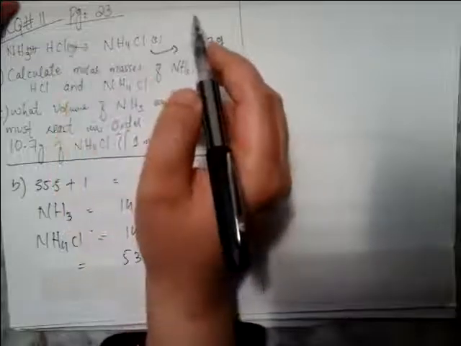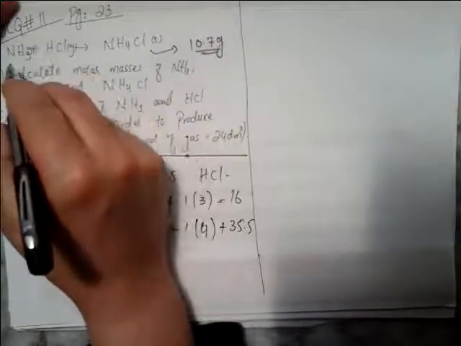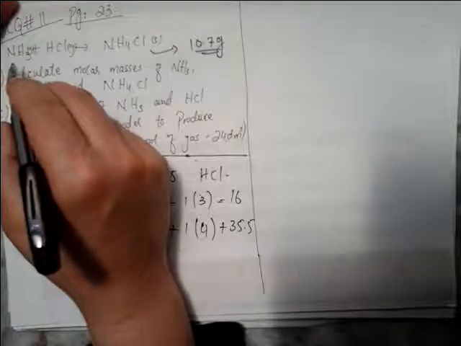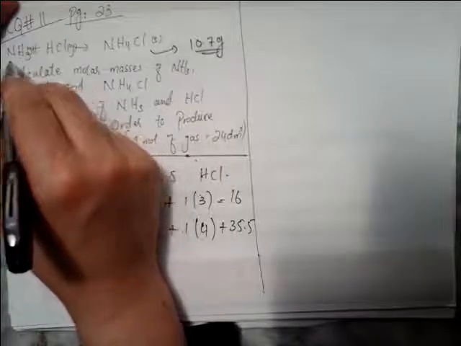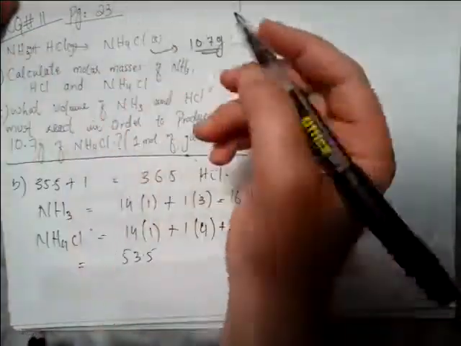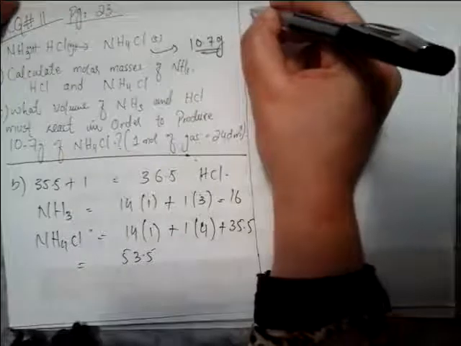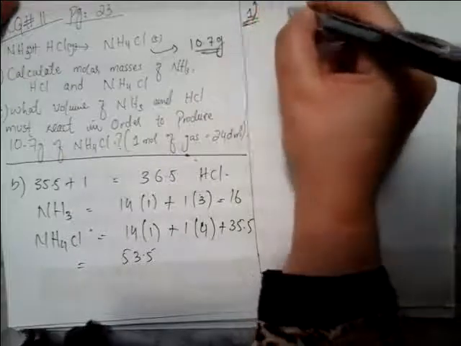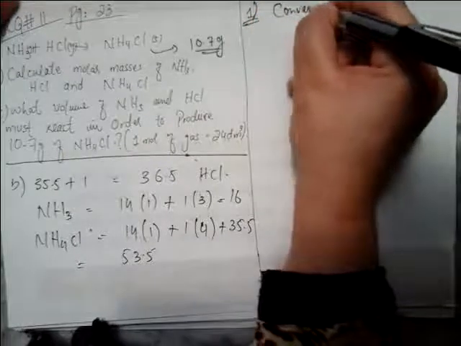After applying the stoichiometric concept on both hydrochloric acid and ammonia, we will be able to get the value of ammonium and chloride. And in the last step, we will be able to convert moles of both hydrochloric acid and ammonia into gram weight.